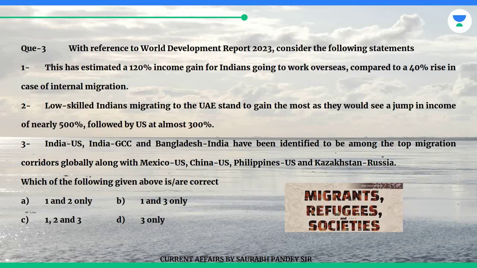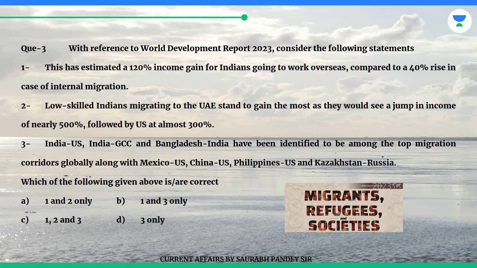Low-skilled Indians migrating to the UAE stand to gain the most as they would see a jump in income of nearly 500%, followed by US at almost 300%. 3. India-GCC and Bangladesh-India have been identified to be among the top migration corridors globally along with Mexico-US, China-US, Philippines-US and Kazakhstan-Russia. Which of the following given above are correct?